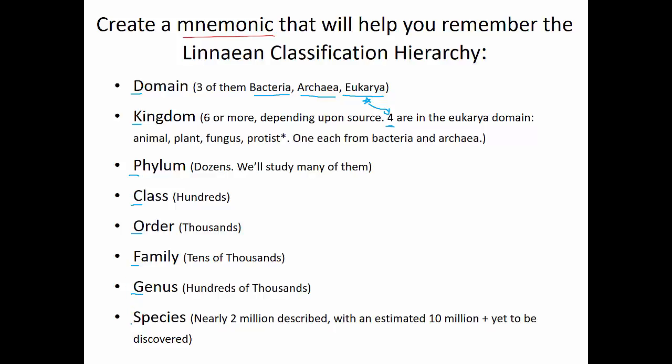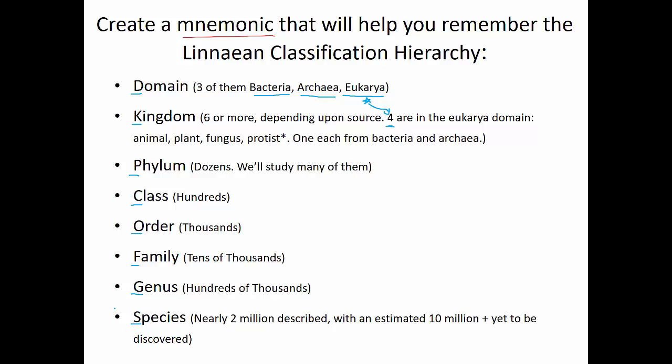Within each genus, there is species. Now, you notice that as we go down from the most general classification of the domain down to the most specific of the species, the numbers of them increase. When we get to the species, there are nearly 2 million described species, and they estimate there's more than 10 million yet to be discovered. So this is a huge amount.